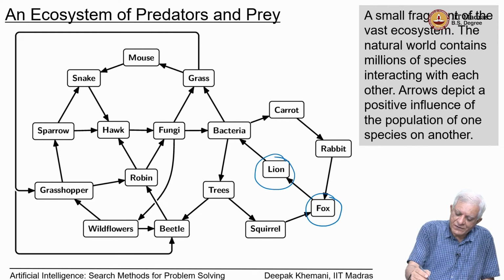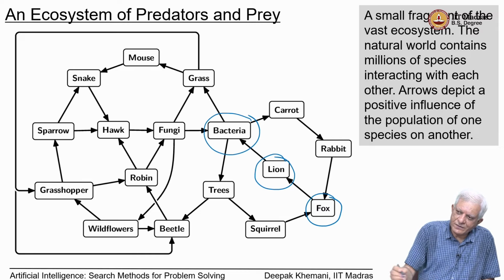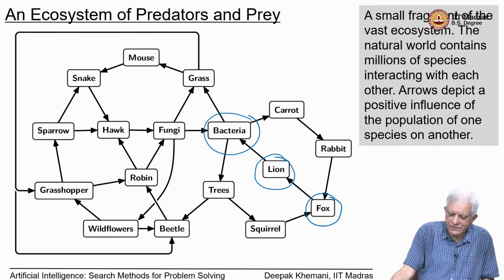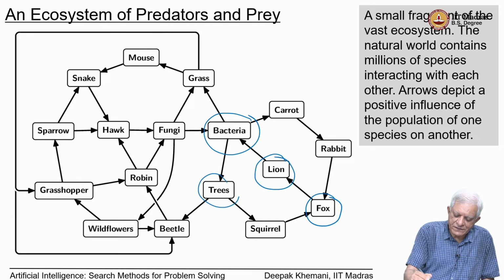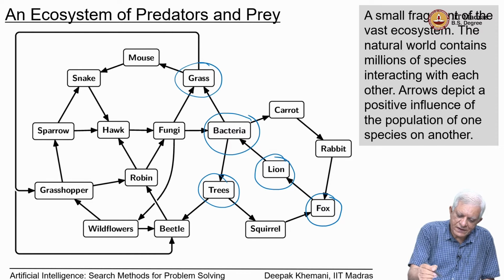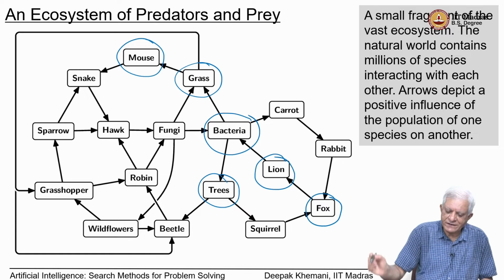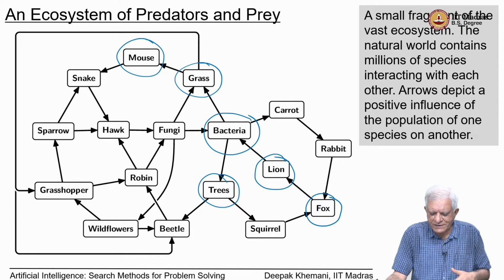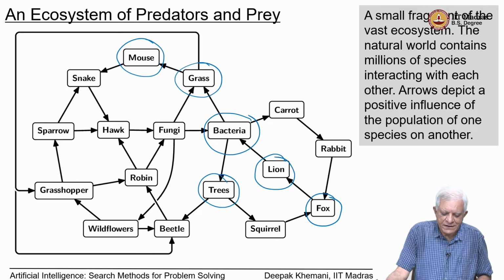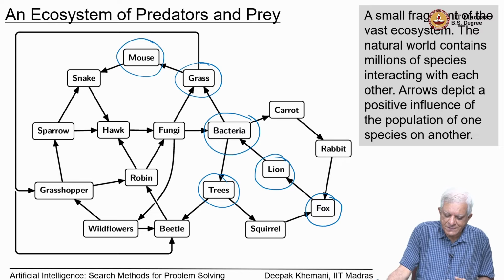The more the population of lions increases, when they die, the more bacteria is supported, and the more the bacteria, the more trees and the more grass will grow. The more the grass, the more rodents it will support. So, there is a vast ecosystem which hangs in a delicate balance, which is why people often keep saying that survival of all these species is important for the rest of the species.